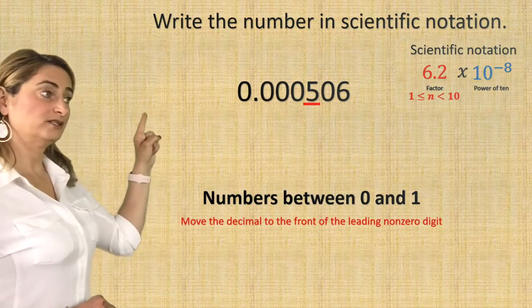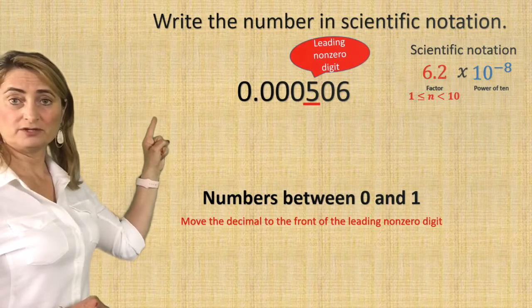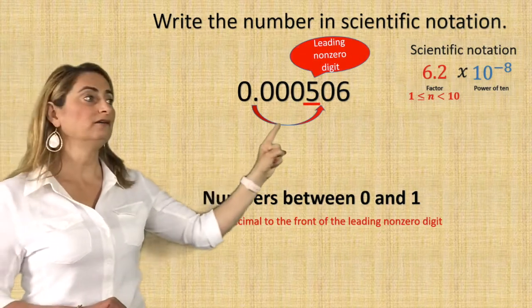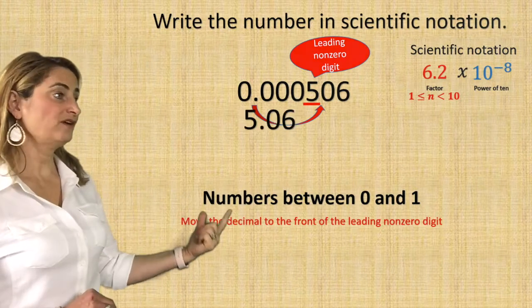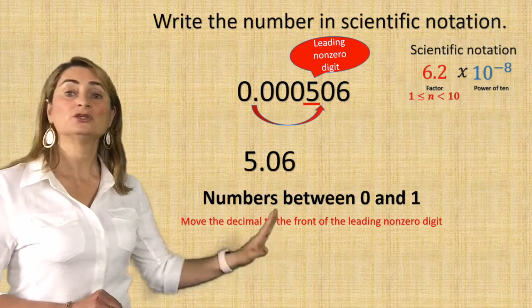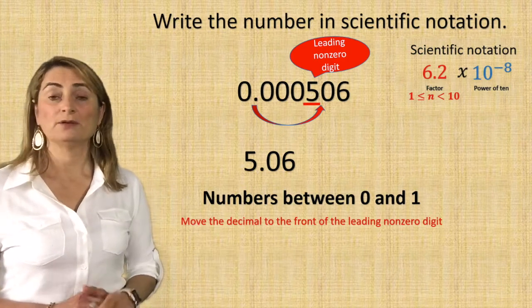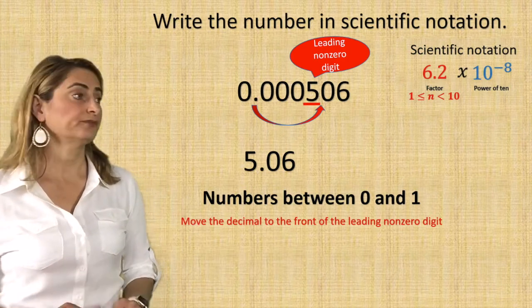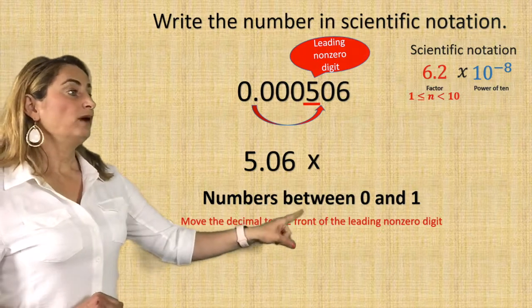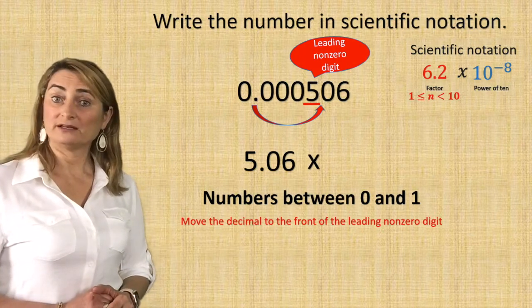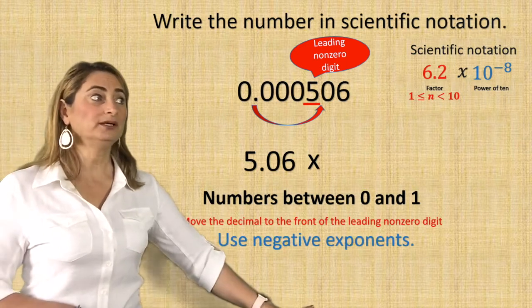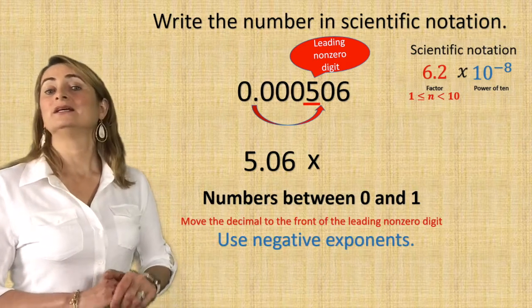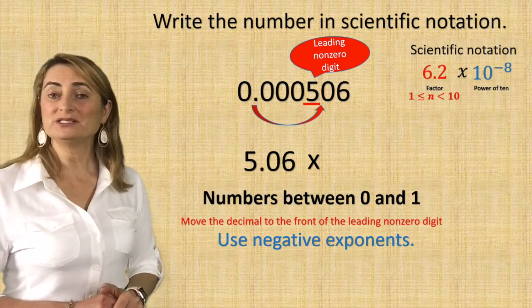Now move the decimal, there is already a decimal there, move it to the front of that number 5 and write the number down, which is 5.06. Don't write any of the zeros because that's the power of 10. Now multiply it by a power of 10. This time I will use negative exponent because this number is between 0 and 1.